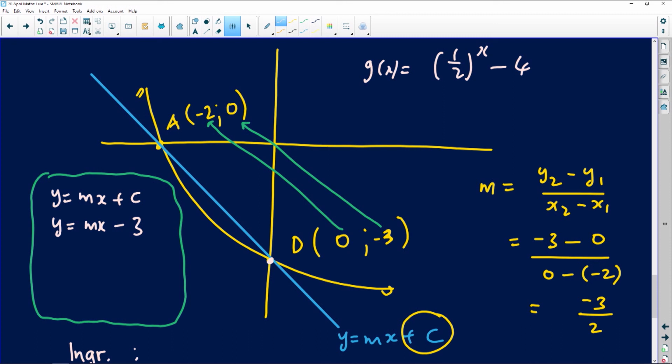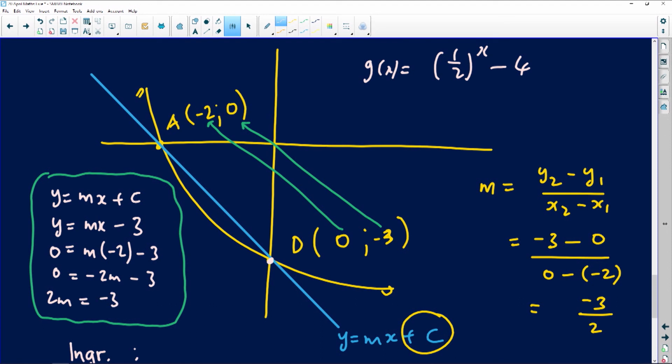My x value at A is -2. My y value is 0. So I've got 0 is m times -2, minus 3. If you simplify this, you're sitting with 0 is -2m minus 3. That makes 2m equal to -3.